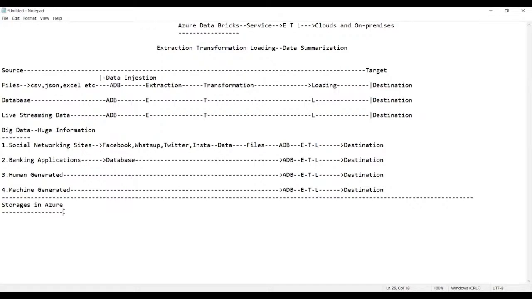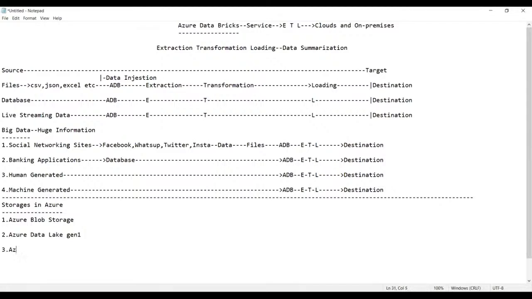So now, commonly used storages. What are those storages? Let us try to see this now. The storages. So first storage, I'm writing it here. Azure Blob Storage. Second one is Azure Data Lake Gen 1.